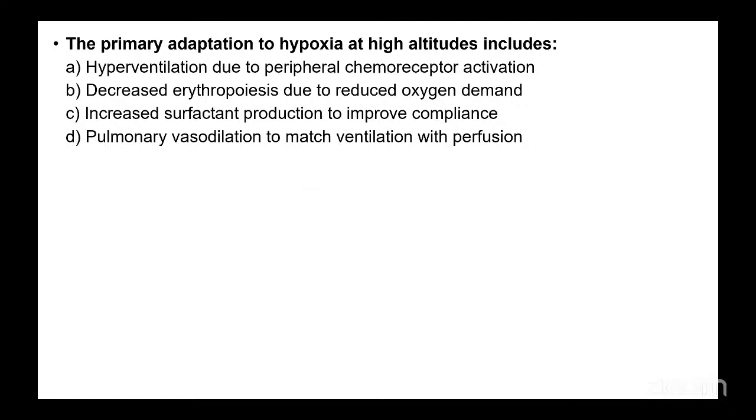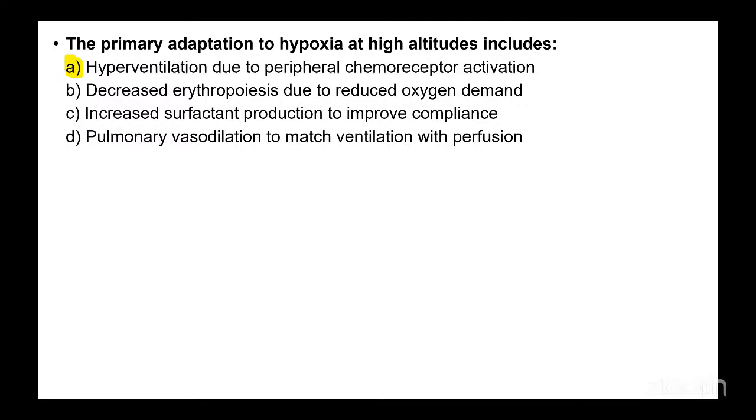Now let's take a look at the question. The primary adaptation to hypoxia at higher altitude includes, as we were talking about, the best option is hyperventilation as a result of peripheral chemoreceptor. Why peripheral chemoreceptor? Because of the decrease in CO2. But the central chemoreceptors also act. Yes, of course. If that was also there, then it would have been a little confusing.